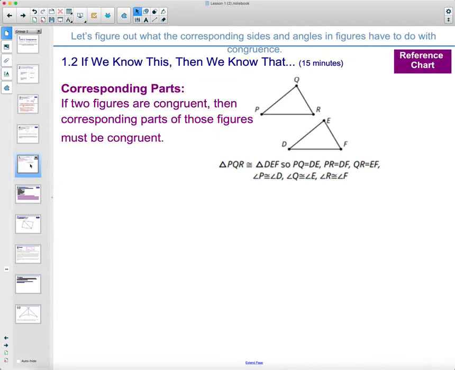Okay, so then you have a reference chart, and this can get filled in on your reference chart for lesson 1 of chapter 2. So, corresponding parts. If two figures are congruent, then the corresponding parts of those figures must be congruent as well. So what we end up with is the sides.